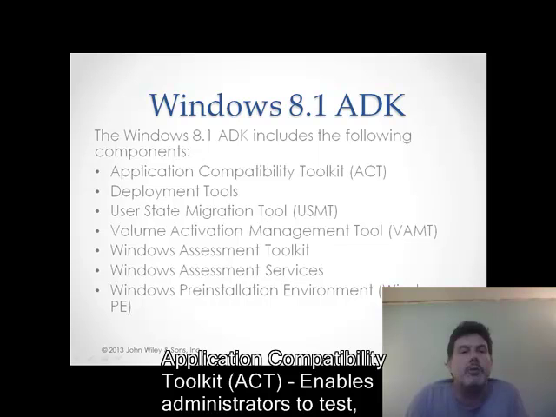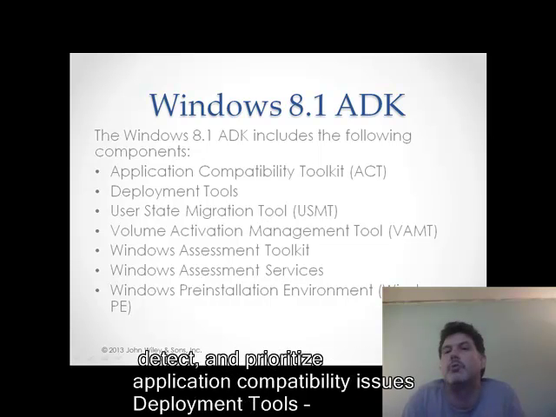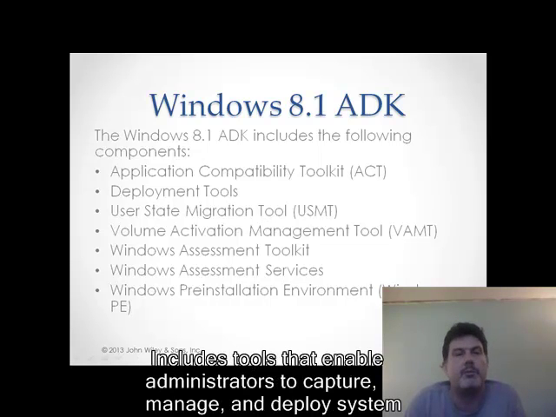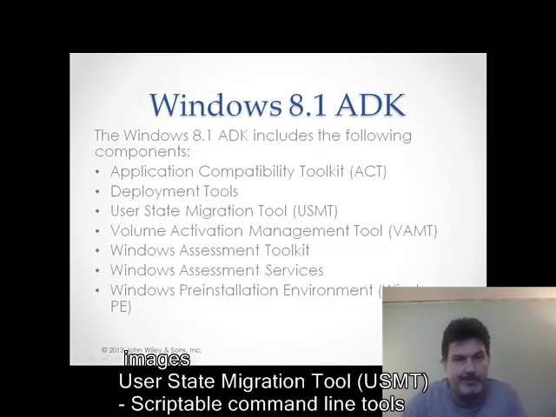The toolkit comes with a wide variety of tools. It comes with the Application Compatibility Toolkit, or ACT. This is a toolkit that will allow administrators to troubleshoot and check on a system prior to the installation of the Windows 8.1 environment so that we can eradicate any kind of compatibility issues that may exist.